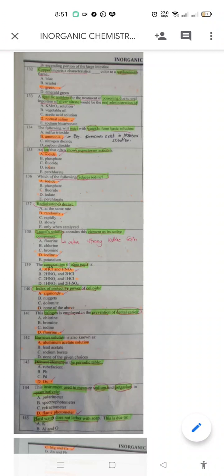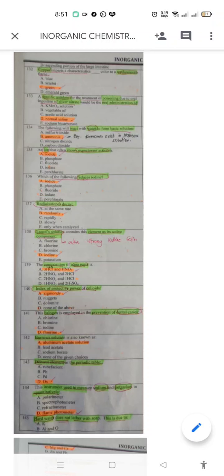So, iodide is used to treat asthma, chronic bronchitis, and late stages of acute bronchitis. So, ions of iodide are used to treat asthma, chronic bronchitis, and late stages of acute bronchitis.